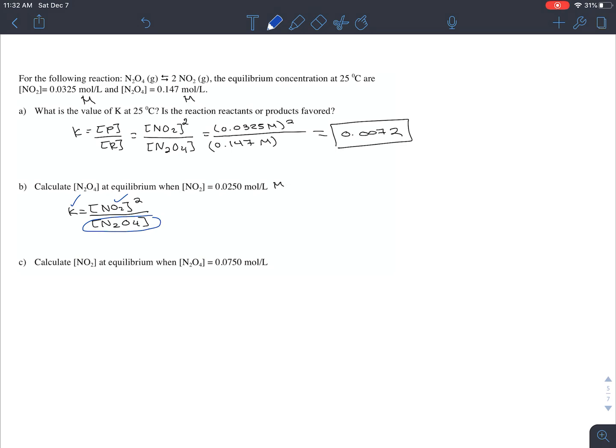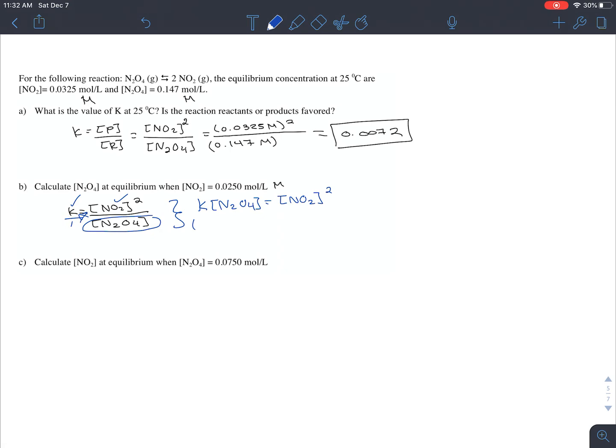Then what I like to do is isolate. So you can always imagine it's over 1 and you can cross multiply, which gives you K times dinitrogen tetroxide is equal to nitrogen dioxide squared. So let's just plug in what we got first before we deal with that squared sign thing.